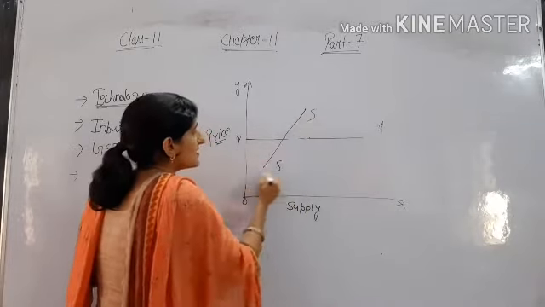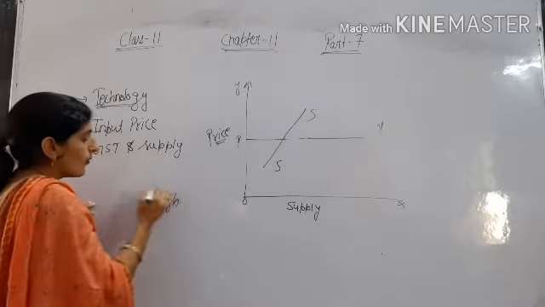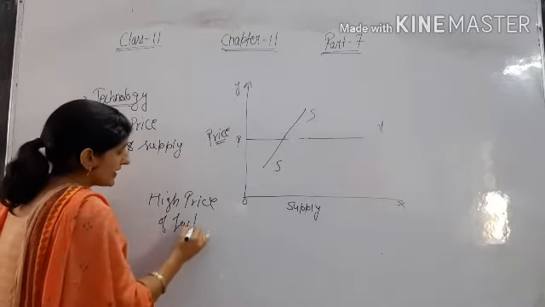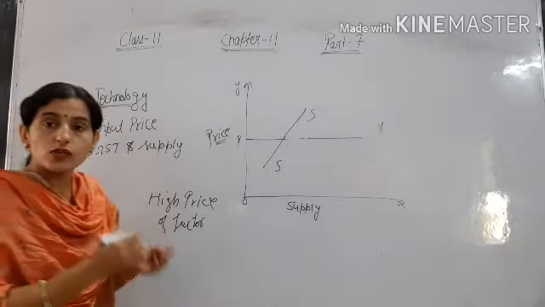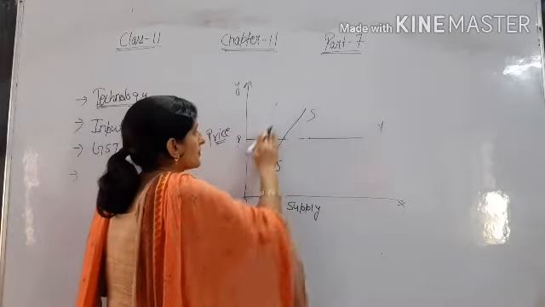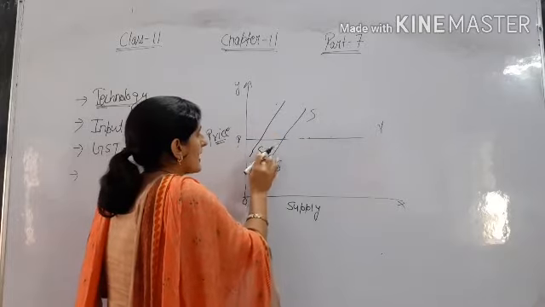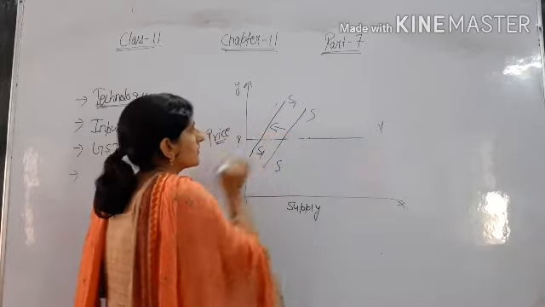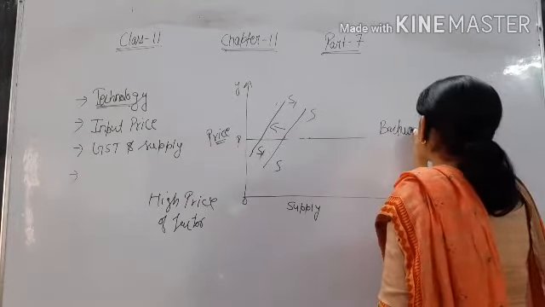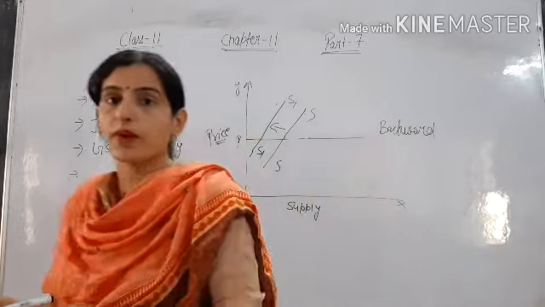If there is a high price of factors of production, then it means high cost of production. High cost of production means the producer will supply less. So the supply curve shifts backward. It becomes SS1. So the supply curve shifts backward due to the high cost, or we can say the higher price, of factors of production.